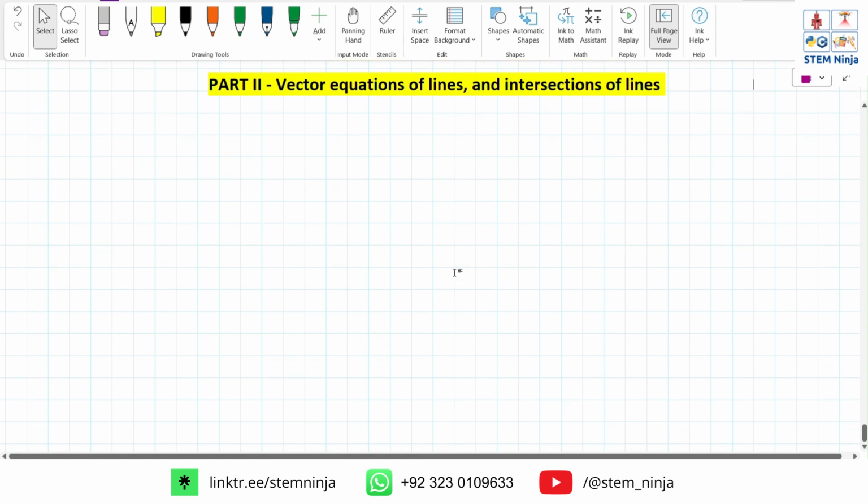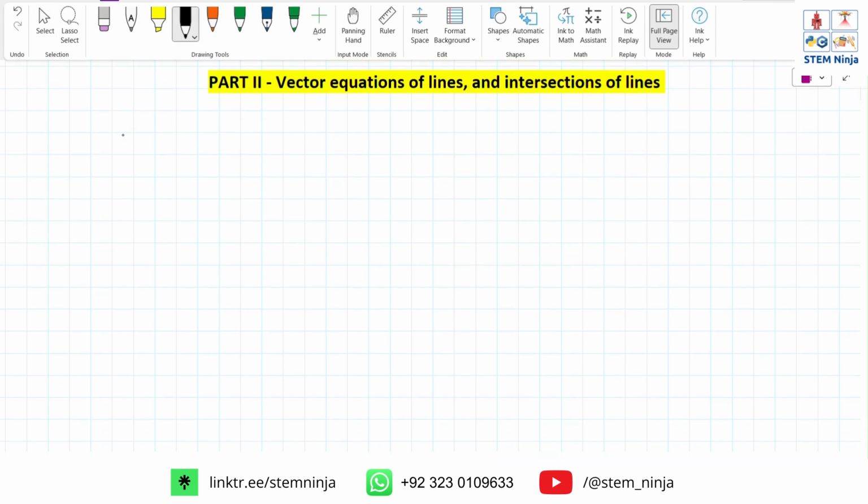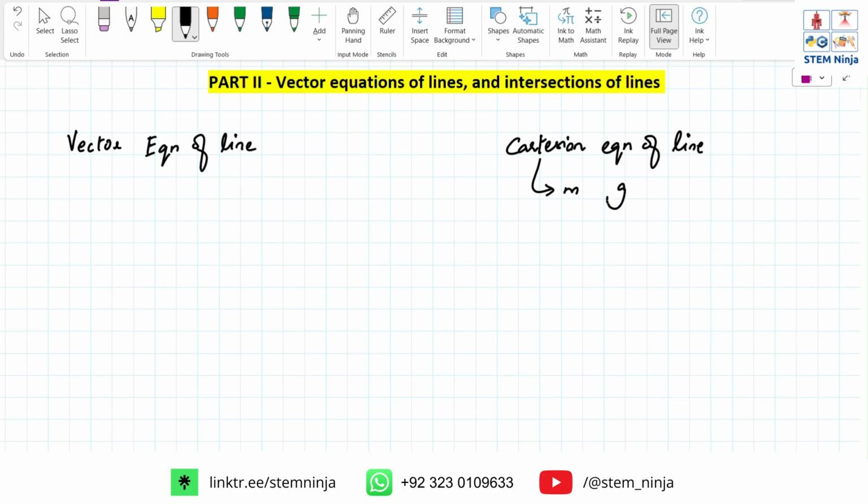To make a vector equation of a line, the process is very similar to finding the Cartesian equation of a line. So for the Cartesian equation of a line, what do we need? We need m, which is the gradient, and we need one point on the line.